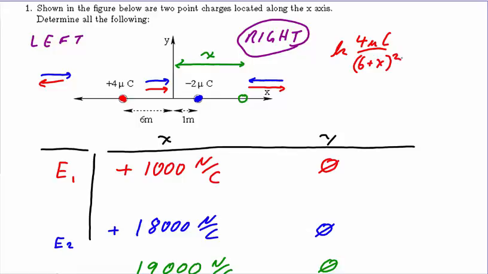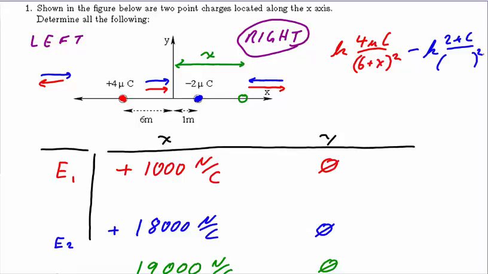Next, we recognize that to the right of both charges, the electric field contribution from the negative charge is toward that charge, and therefore in the negative x direction. So for that reason, we will have minus k times 2 microcoulombs over some other distance squared.